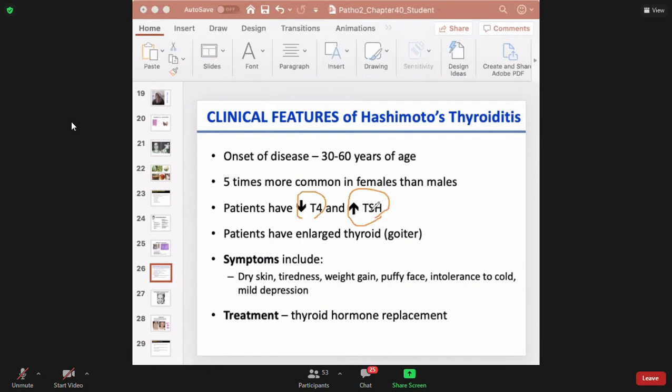Right, it's part of the negative feedback, right? The TSH is trying to get it to make more, but it's like falling on deaf ears, you know what I'm saying? And we already know what the symptoms entail, okay? That cold intolerance, that dry skin, that weight gain, that puffy edema.